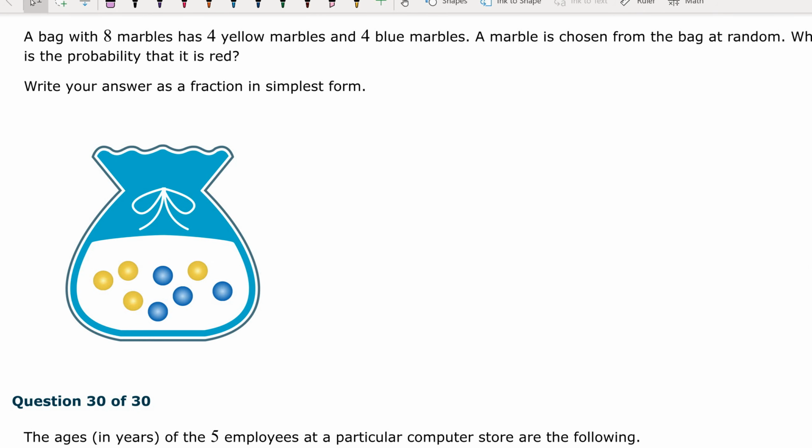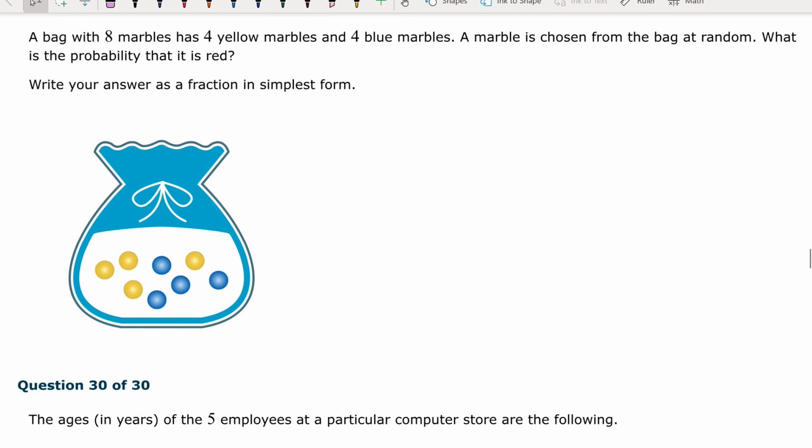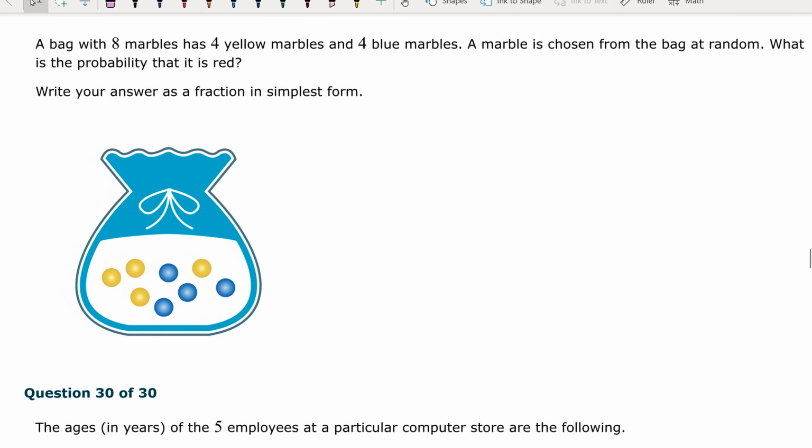Number 29. A bag of 8 marbles has 4 yellow marbles and 4 blue marbles. A marble is chosen from the bag at random. What is the probability that it is red? To find probability, you want the favorable outcomes over the total possible outcomes.